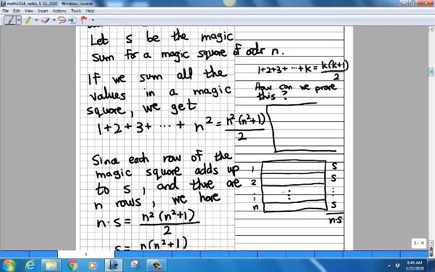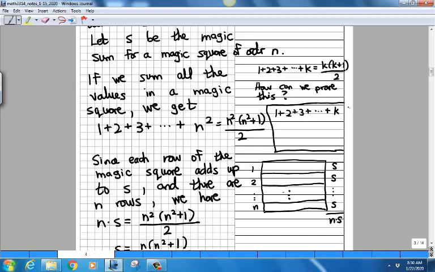Let's talk a little bit about why that's the case, because that's based on a really famous formula from arithmetic that we're going to use probably frequently in the course. Do y'all know this formula? If you take the first k positive integers and add them up, there's an easy formula to compute that.